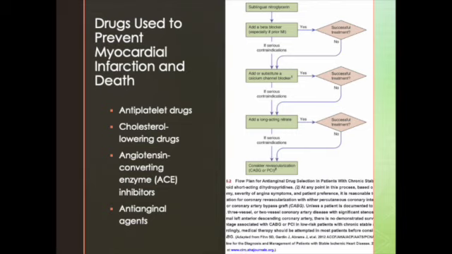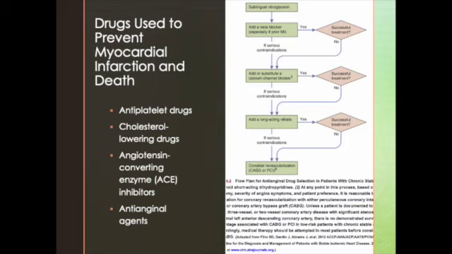So we've looked at medical treatments that can decrease the risk of MI and death in patients with chronic stable angina. And therapy is directed on prevention of MI and death, which is a shift in the paradigm of treatment.